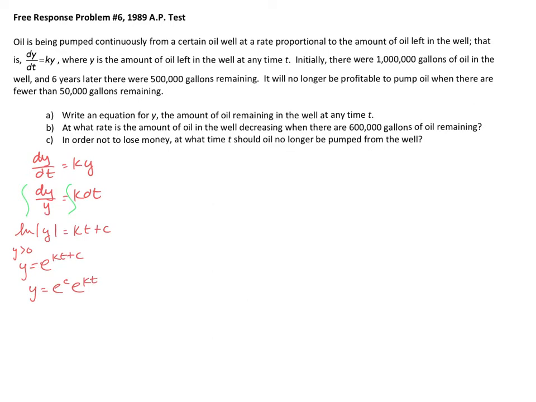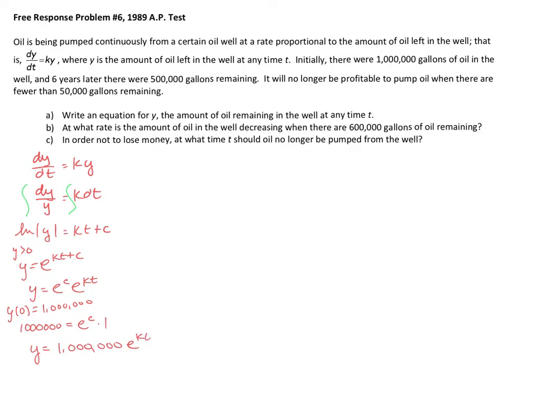We know that initially y of 0 is 1 million gallons, so we put in 1 million for y, and it equals e to the c times e to the 0, which is 1. So we know e to the c is 1 million.